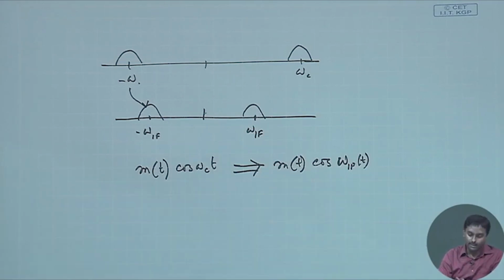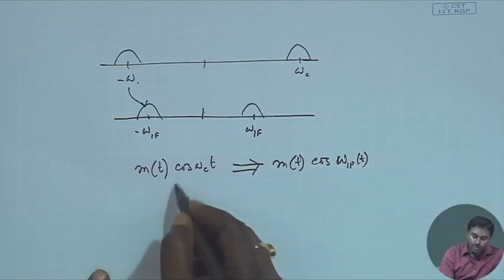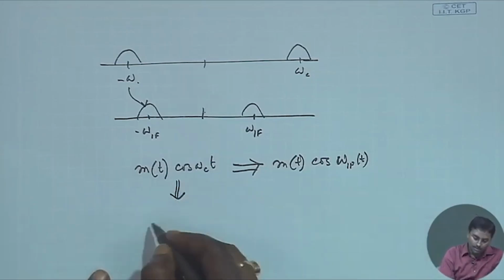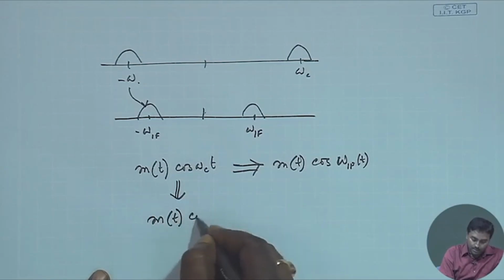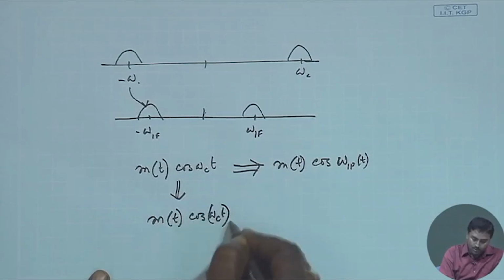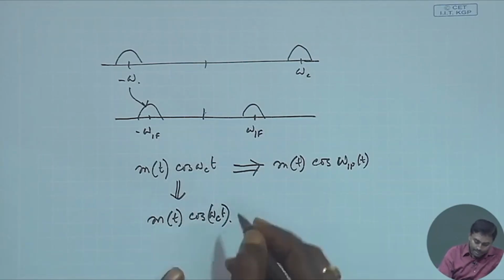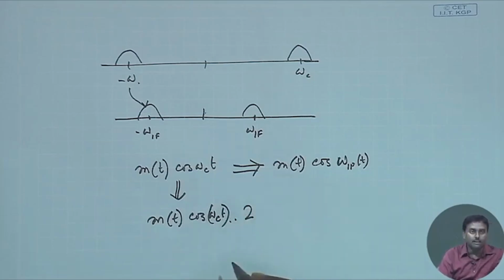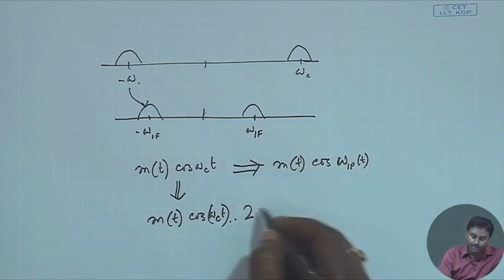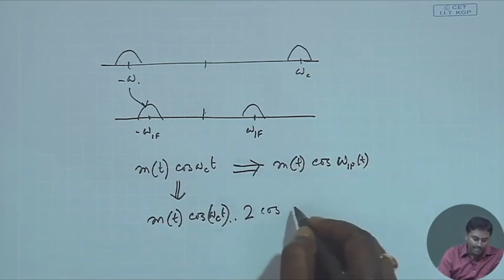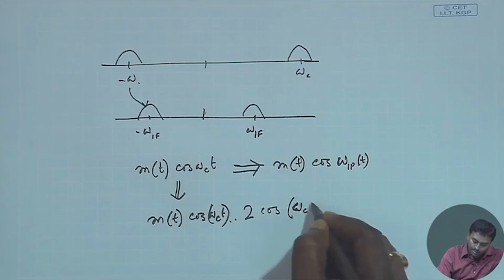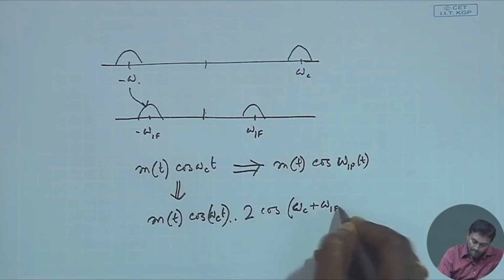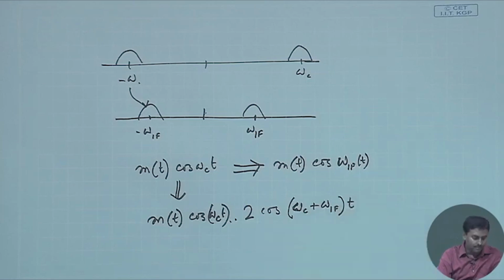Now, this can be done almost equivalently with a similar modulation technique. Suppose this is something I am receiving. Whatever I am receiving, m(t) cos omega c t, I will multiply this with 2, you will see why I am taking 2, but I just have to multiply it with cos (omega c plus omega if) t.